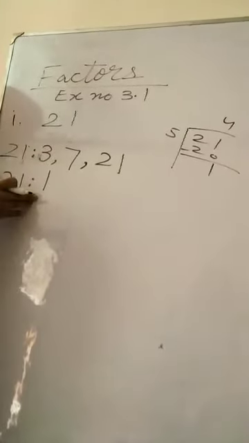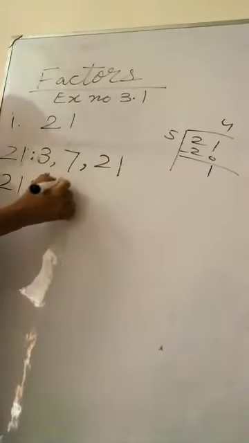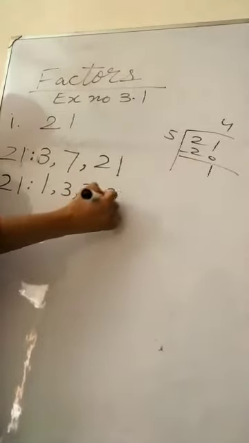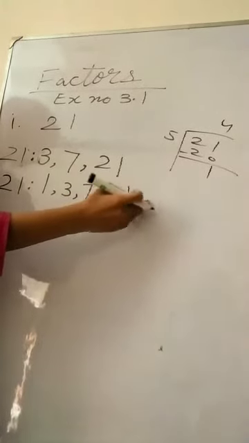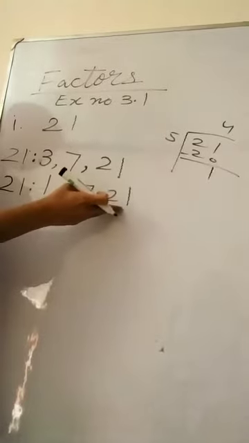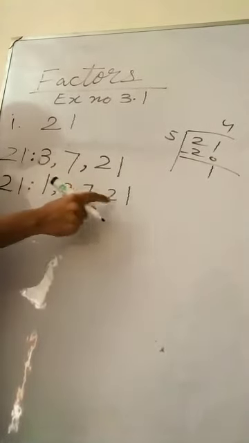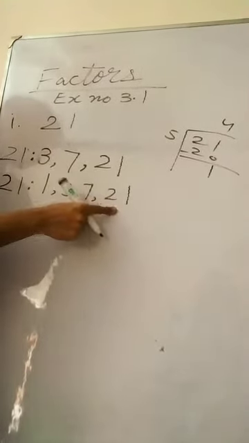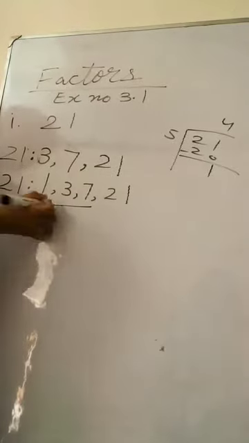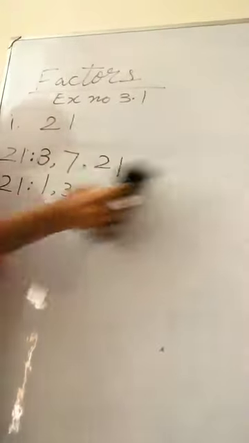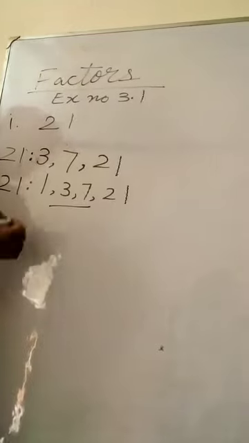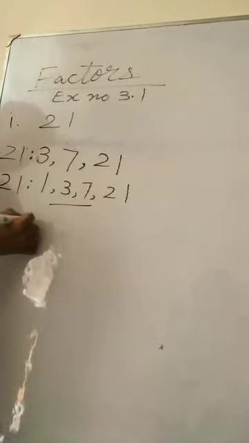So you need to write 1 with every number. Then 3, then 7, then 21. 22, 23 are greater than 21, so you need to find the factors till 21. Draw the ending line.